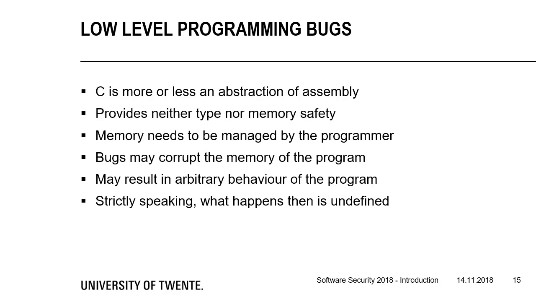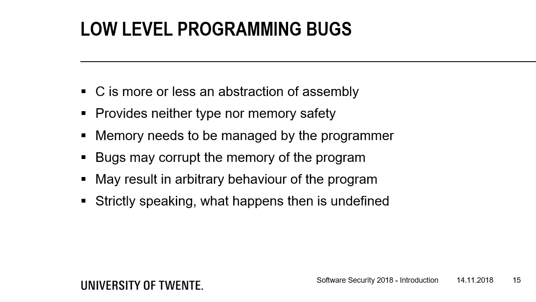C provides neither type nor memory safety, which means that you can accidentally switch between types in C. That might break stuff. And you can corrupt your memory in C, which might bring things even worse. In C, memory is manually managed, which means that the programmer is responsible for allocating and deallocating memory.